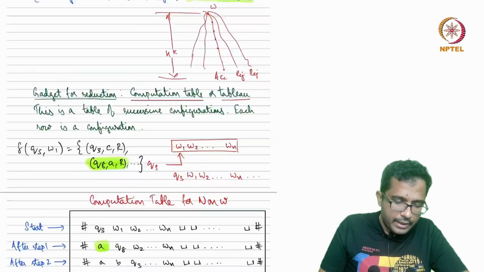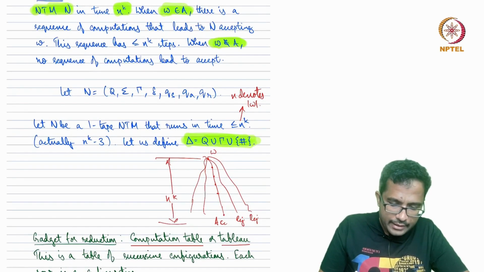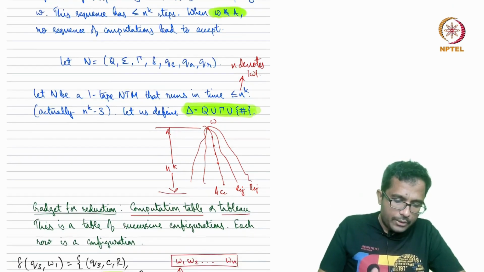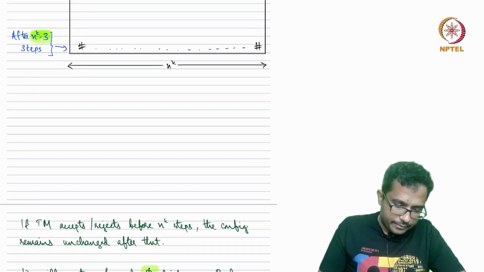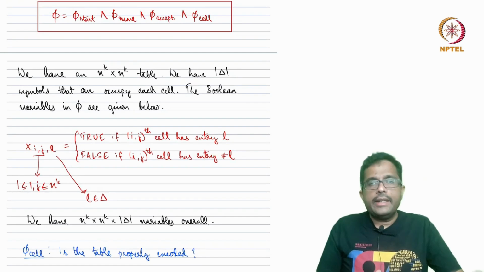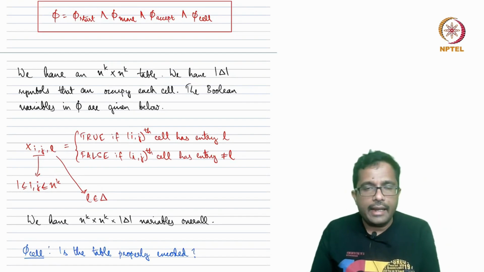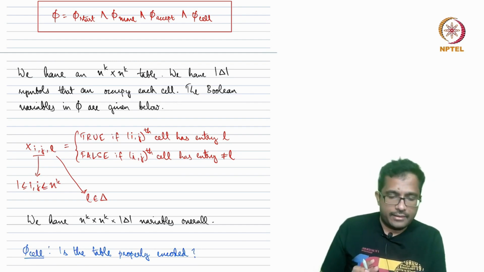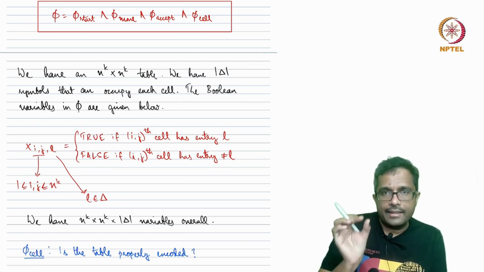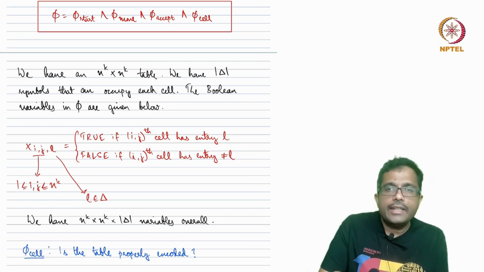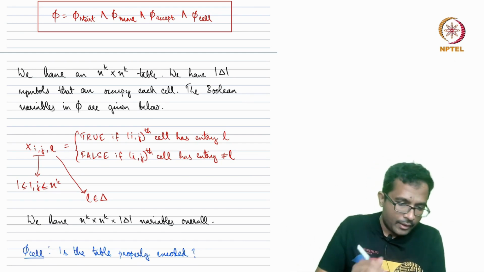So basically it can be anything from the set that we defined here, Delta, right? So each entry of the table could be an entry from Delta. So for each table entry we have Delta many variables, because each table cell can hold any of the possible Delta symbols, right?